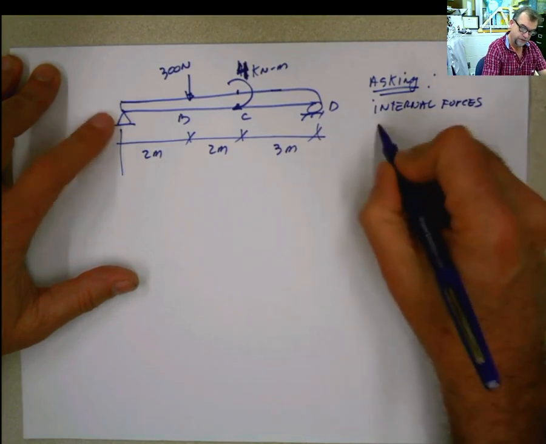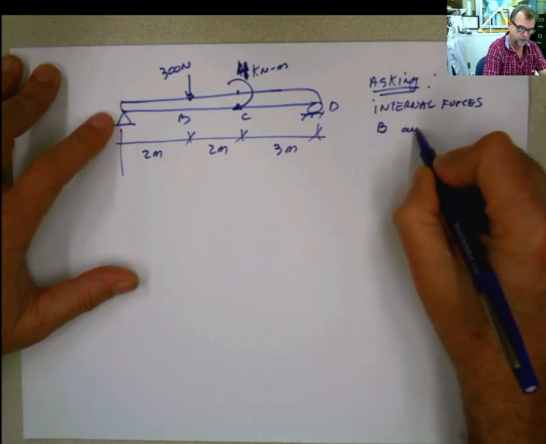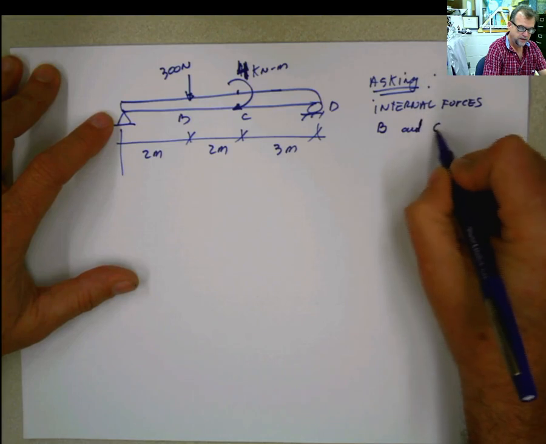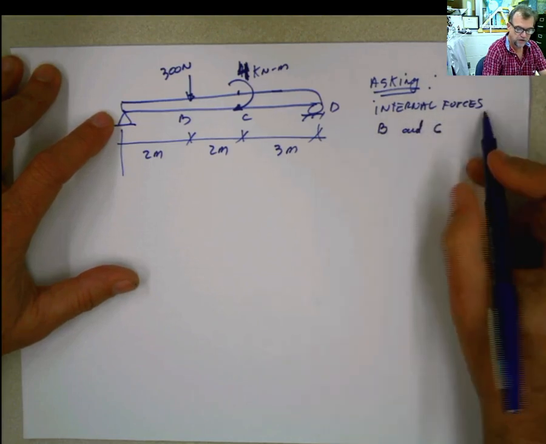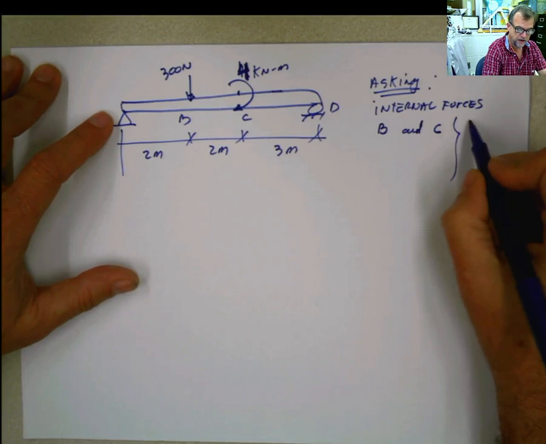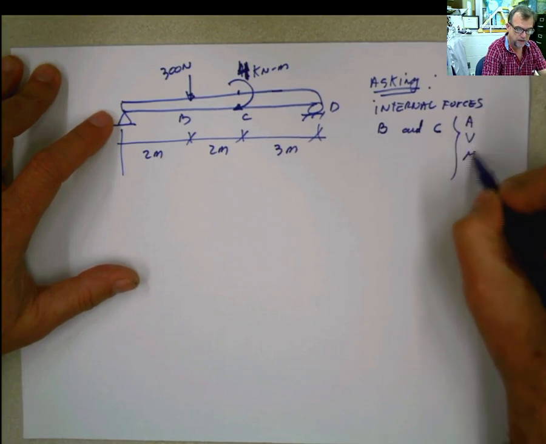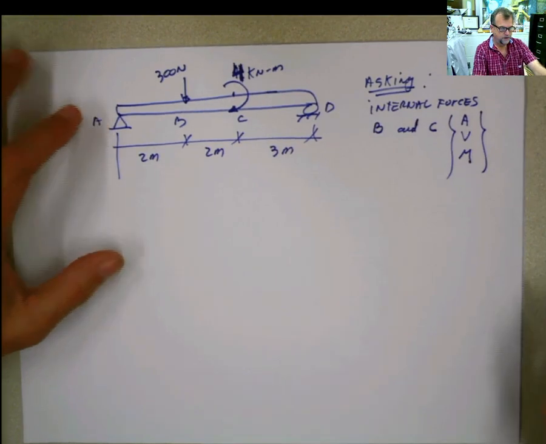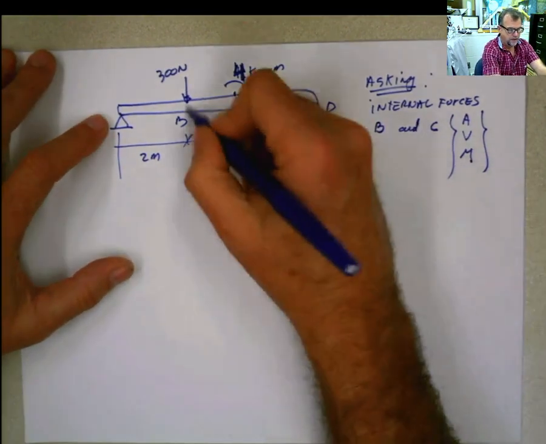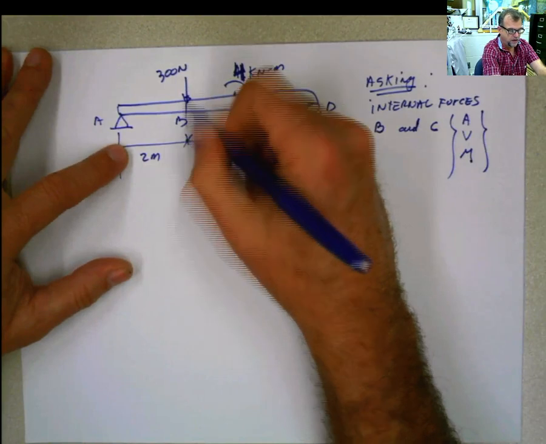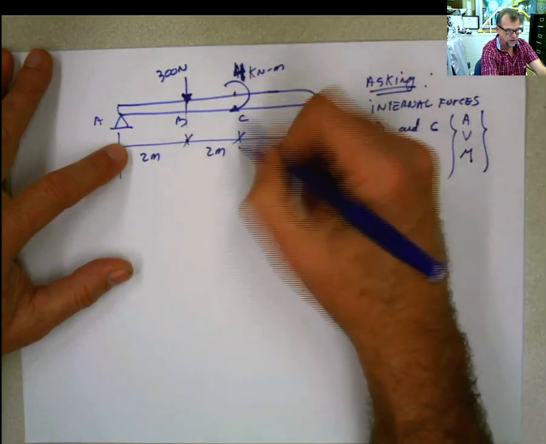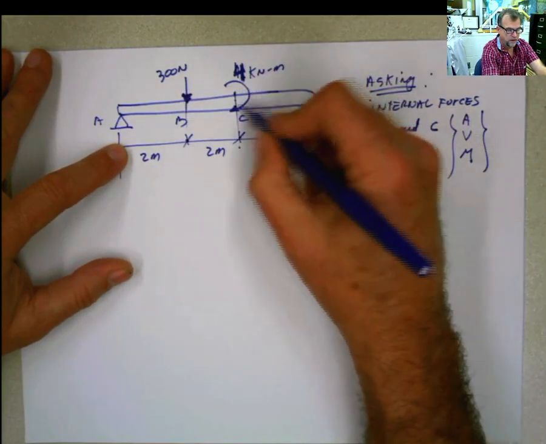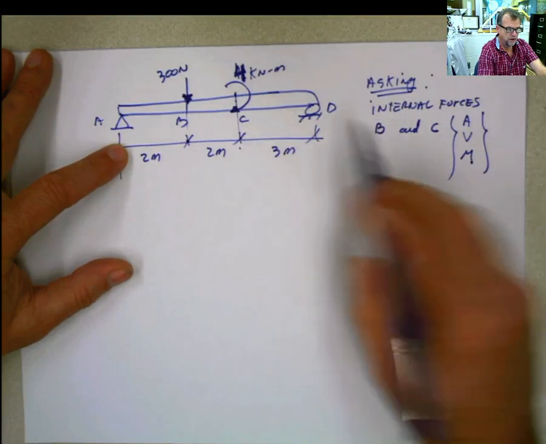At the point B and at the point C. What are the internal forces? Remember, I told you in my vocabulary, axial, shear and moment are going to be part of the internal forces. So at B and at C. The point B is located right here with the force of 300, and the point C is located right here with the moment concentrated over there of 4 kilonewton per meter.